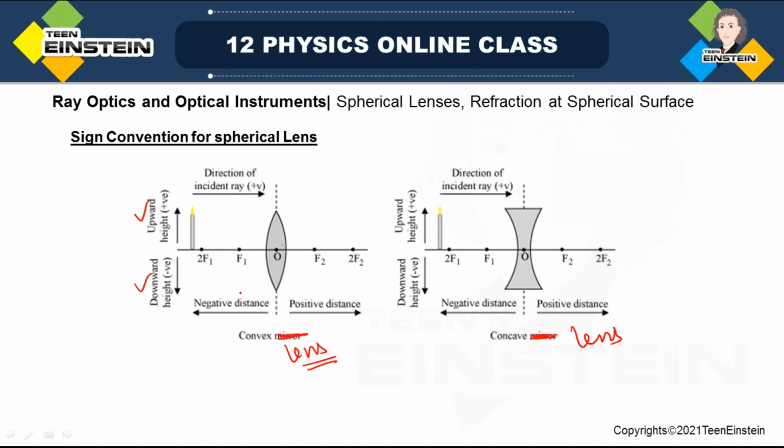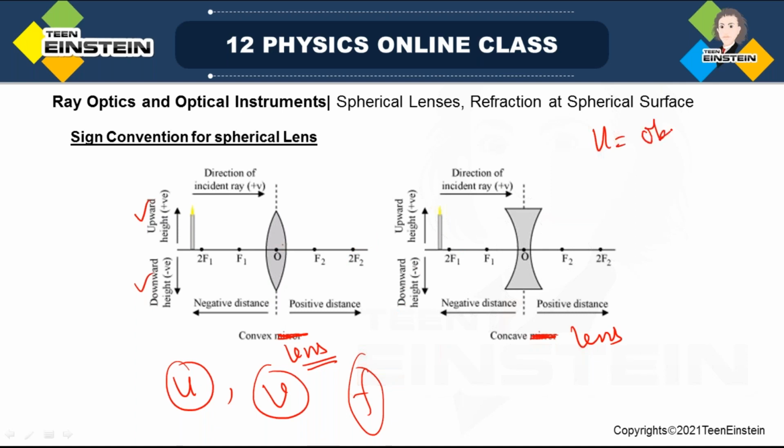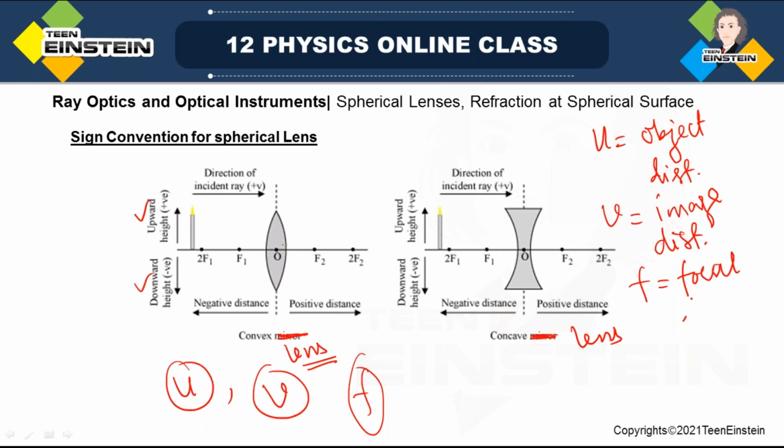The object distance we denote by u, and the image distance by v. The focal length will be denoted by f, similar to what we learned in the case of mirrors. So u is the object distance, v is the image distance, and f is the focal length.